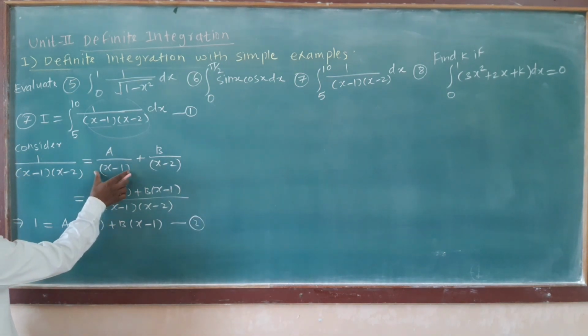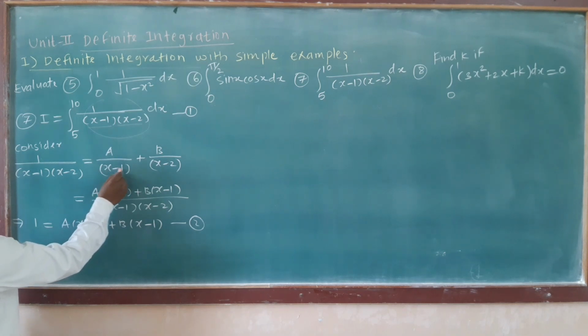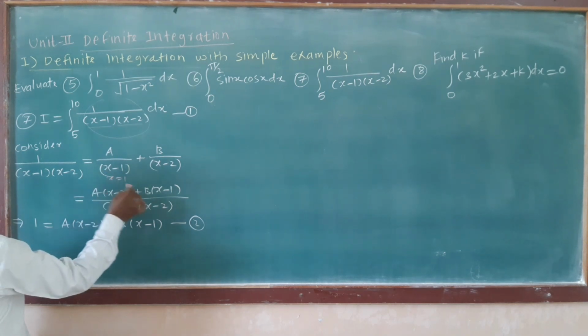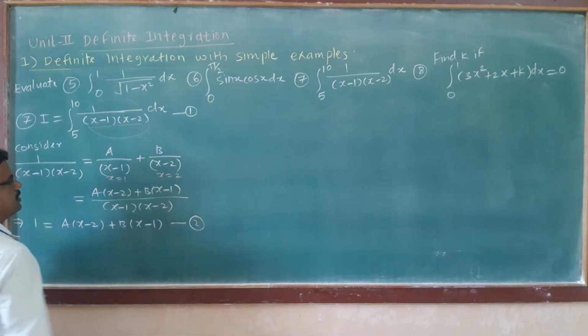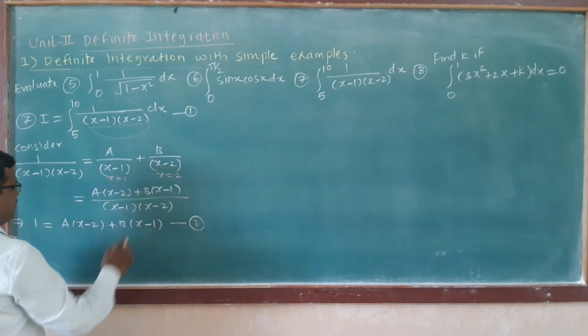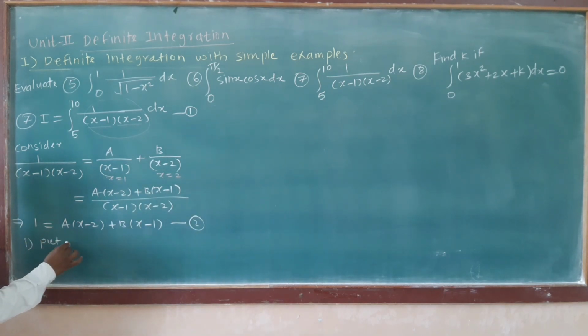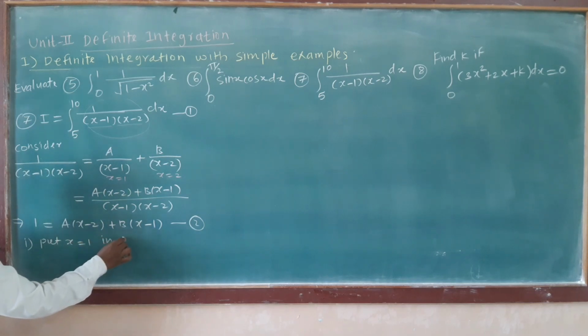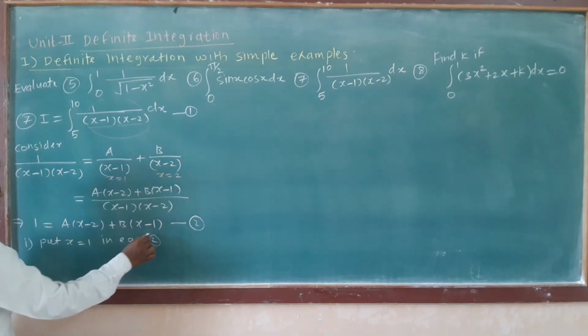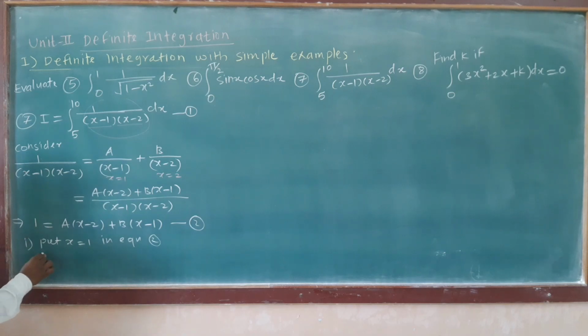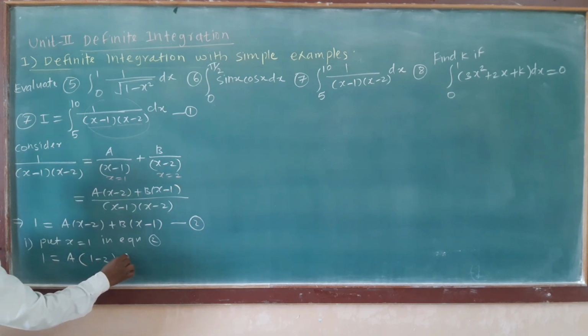Now, put values of x making a factor 0. That means if we put x equal to 1, a factor becomes 0. Here also if we put x equal to 2, the other factor becomes 0. Now one by one we put these values. Put x equal to 1 in equation 2. So see what happens. 1 is equal to a into x minus 2, means 1 minus 2, plus, here are two terms.